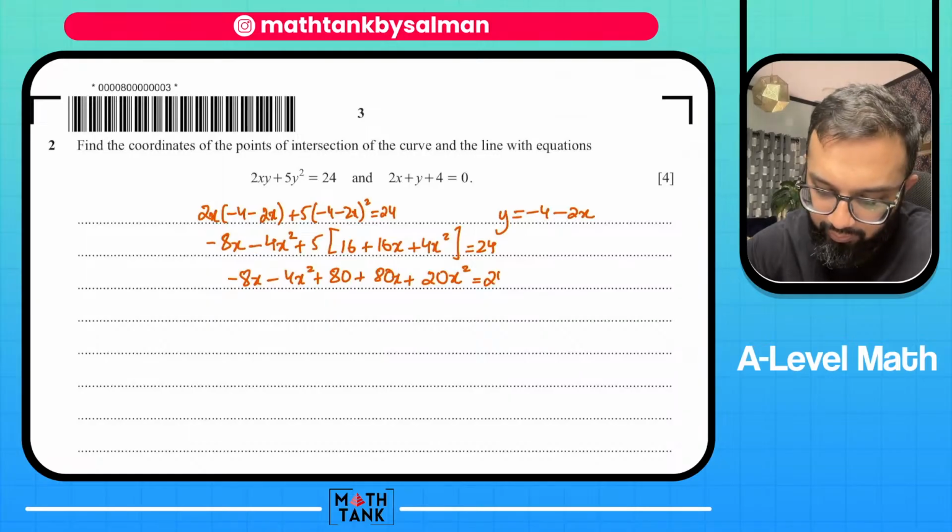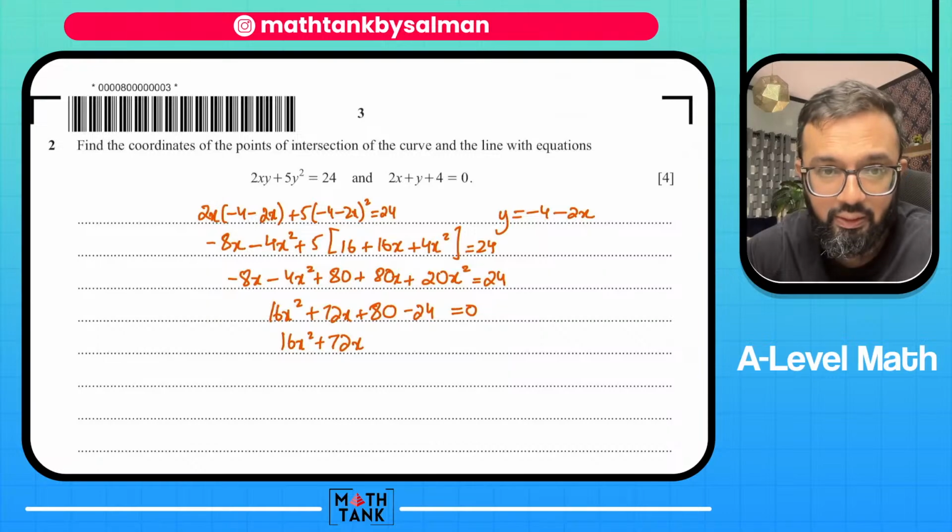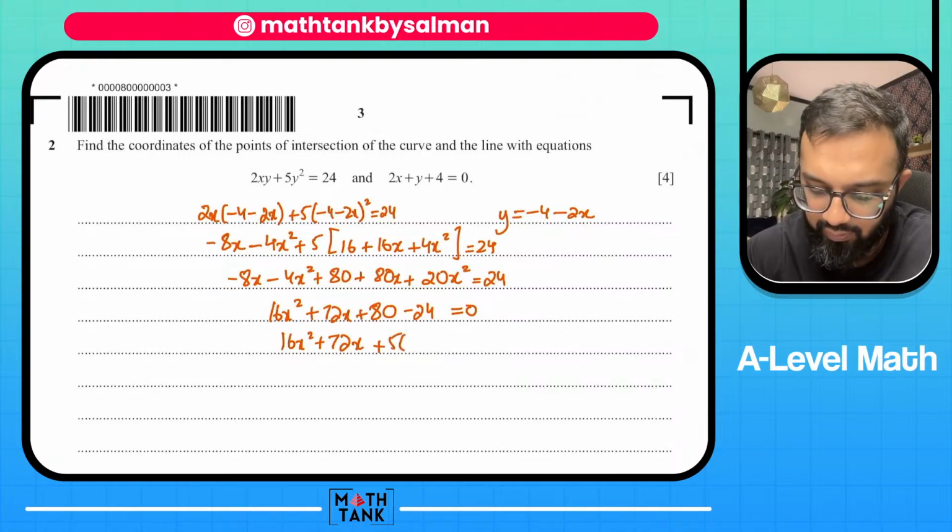Equals 24. So that's 16x squared, 72x, and 80 minus 20. 16x squared plus 72x plus 56 equals 0.